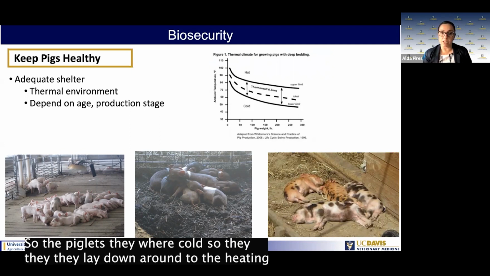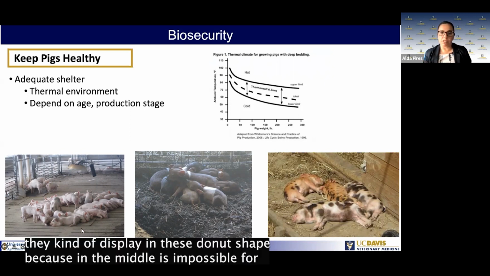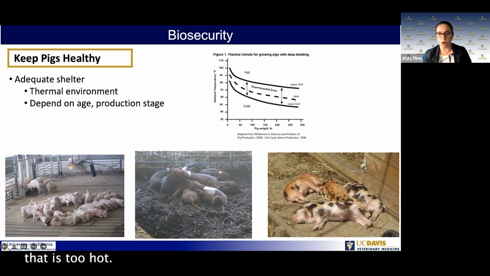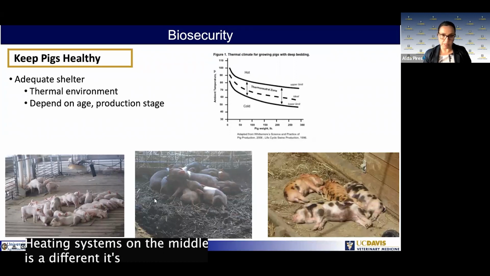The piglets were cold, so they lay down around the heating source, the lamp, but it's so hot or so close that they display in this donut shape because in the middle it's impossible for them, it's too hot. So there was some adjustment they needed to make on these heating systems.